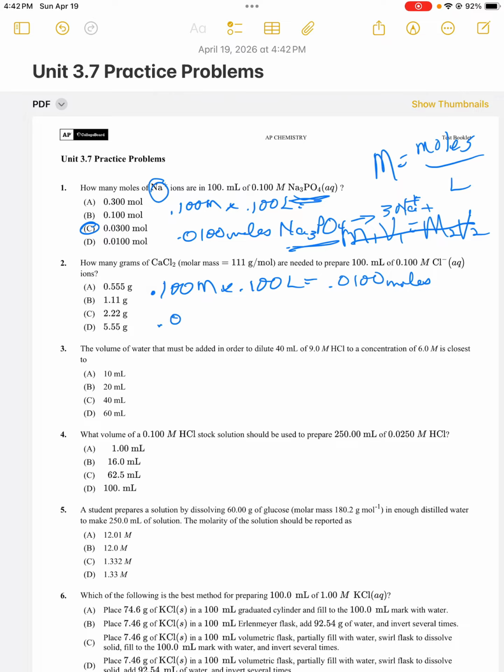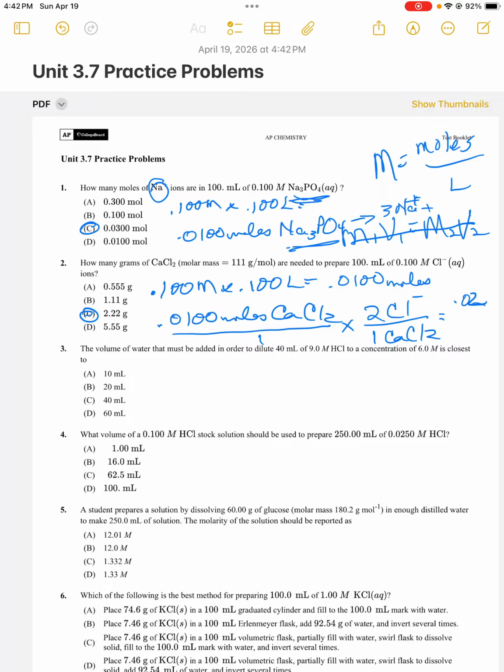So this would be 0.01 moles chloride, and we get 2 chlorides for 1 calcium chloride. So the answer is going to be 0.02 moles, and then we have to multiply by the molar mass. So 0.02 times 111 is going to be 2.22 grams.